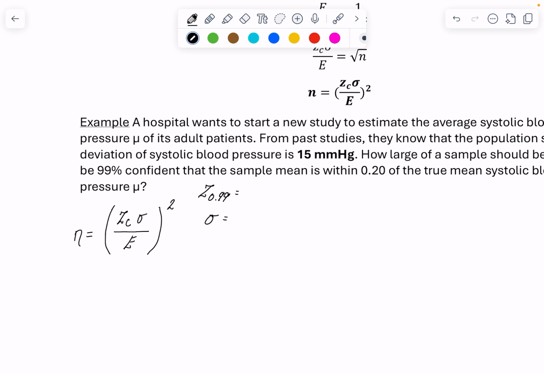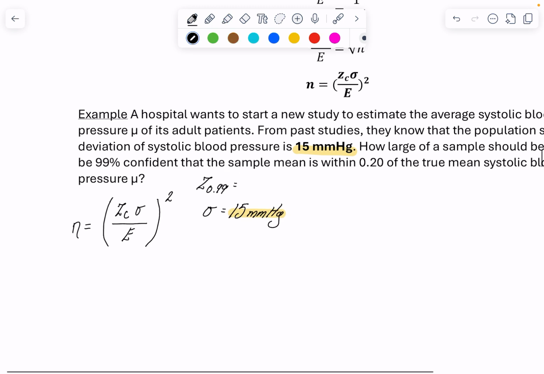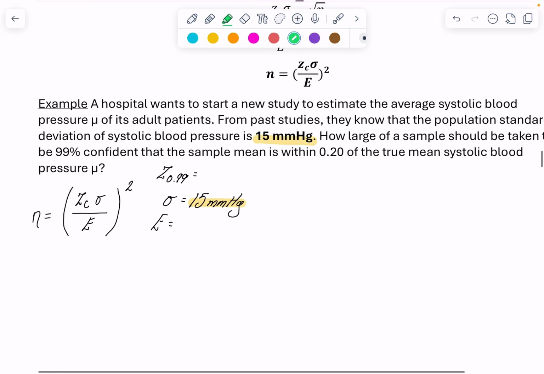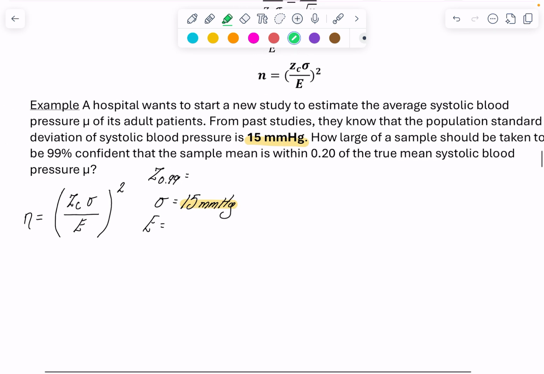Our population standard deviation here was given to us as 15 millimeters of mercury. And our margin of error is given to us as well, because they want us to find a sample mean within 0.2 of the true mean systolic blood pressure.